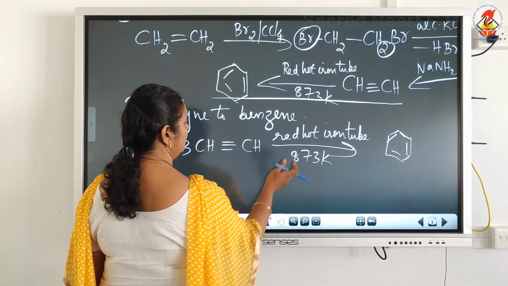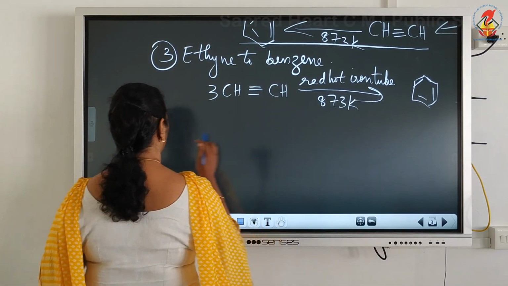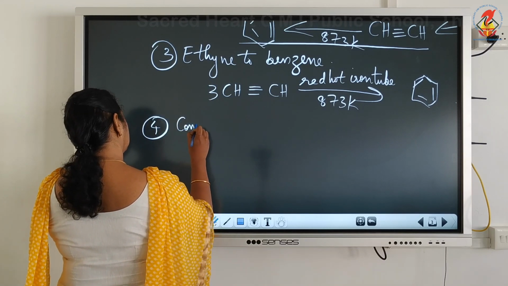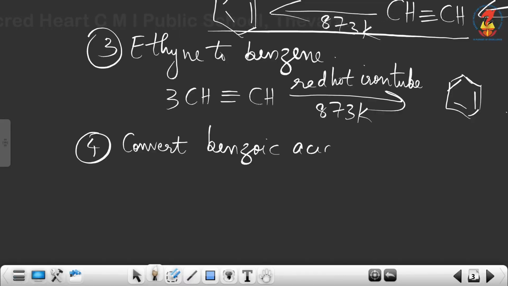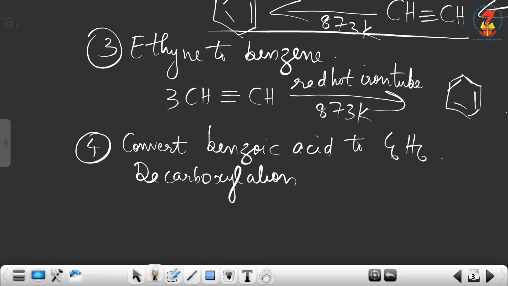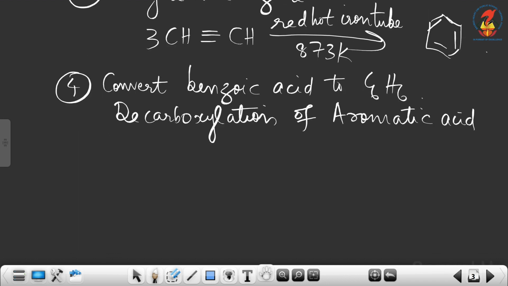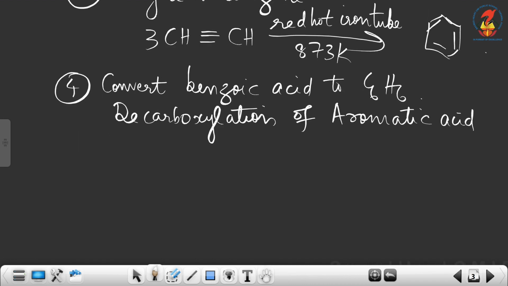So the fourth method is to convert benzoic acid to benzene, and the method is decarboxylation of aromatic acids. Here the aromatic acid taken is benzoic acid, and you have learned the decarboxylation of aromatic acids under alkanes. So I am going to write the example, that is from benzoic acid.